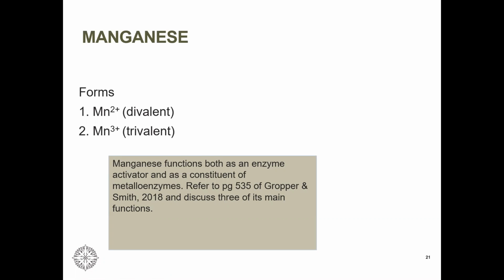As with other minerals, it is also a constituent of metalloenzymes. There are various enzymes in our body ending with lyases, ligases, kinases. They all can be activated by manganese. But mainly those enzymes need iron or zinc.